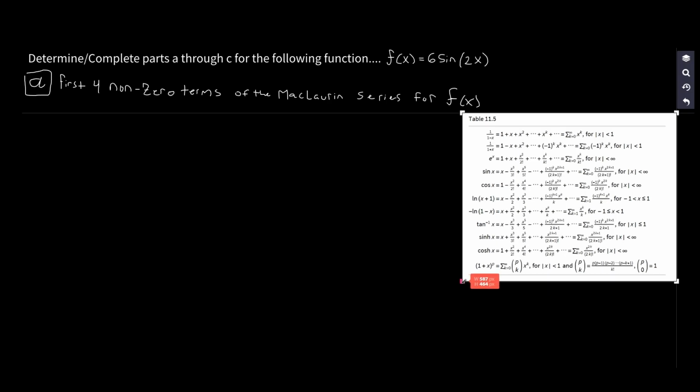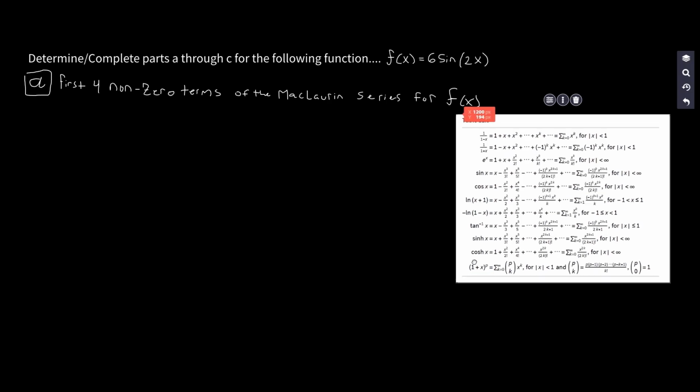Albeit table 11.5 looks rather intimidating, but I've come to learn it is actually our friend. It gives us the series for various really important functions. It shows us how we can use an infinite series to describe sine of x, which is extremely powerful.